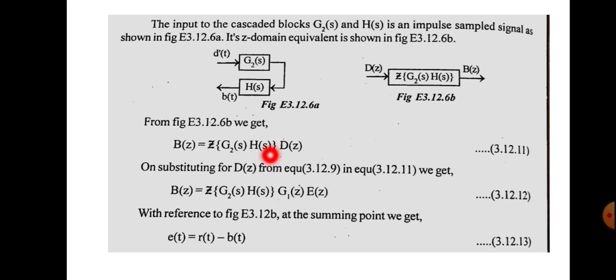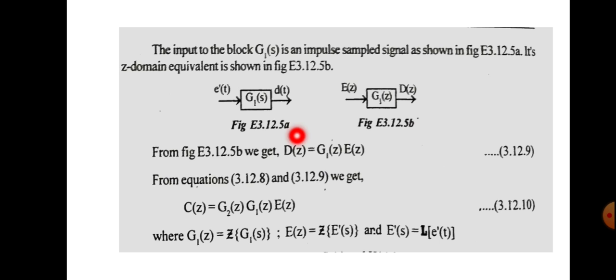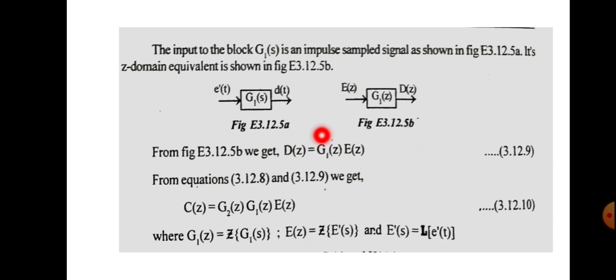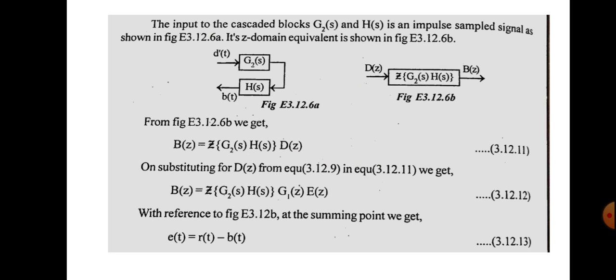D of Z you have found from the previous block, so you can substitute this value of D of Z into this equation. So you will get B of Z equal to the Z transform of G2 of S into H of S, and instead of D of Z you are substituting G1 of Z into E of Z. So G1 of Z into E of Z is written here.